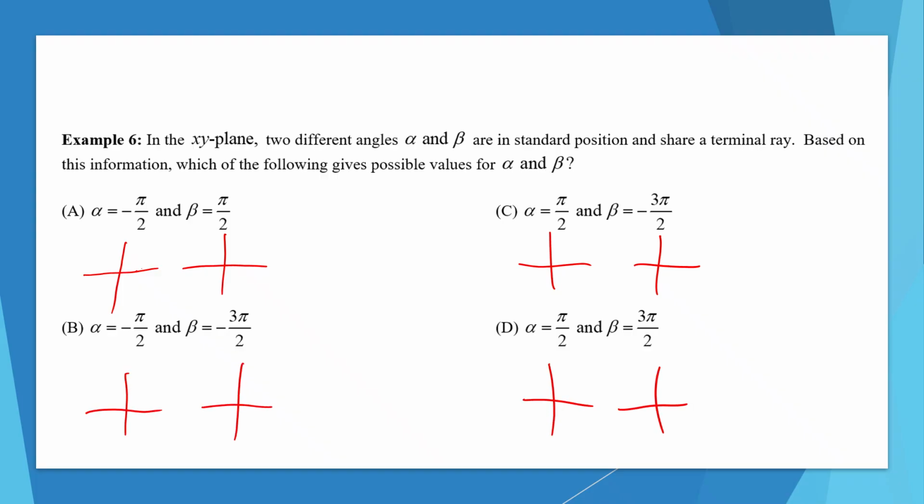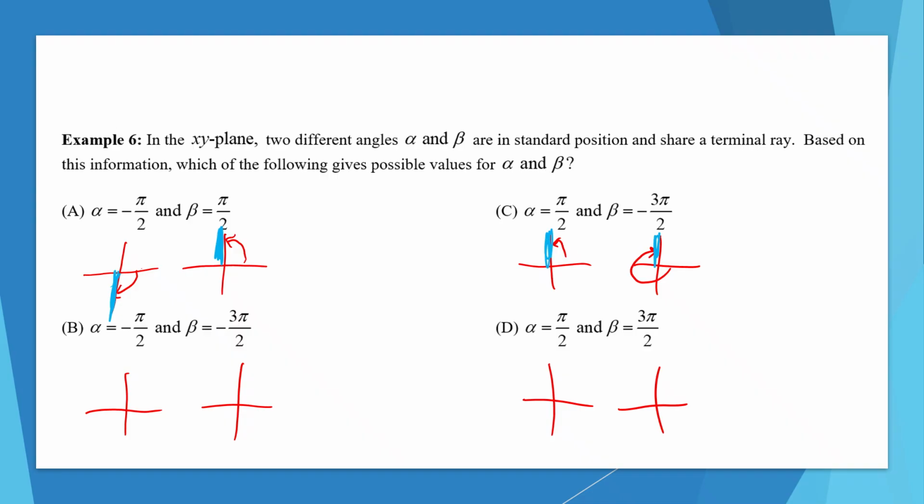So here, -π/2, that's going to be right there, and +π/2 is going to be up there. These two would not be the same because they would have different terminal rays. Taking a look at B, π/2, that looks good, and then -3π/2 would look like this. B should be our answer because these have the same terminal ray.